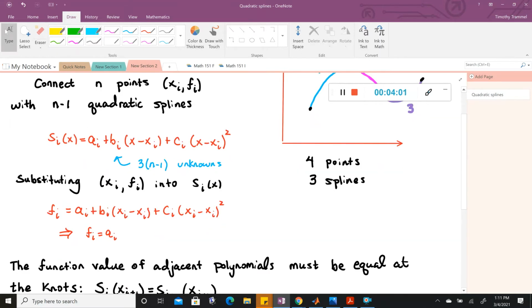But now we know all the a sub i's, so we've reduced the number of unknowns to 2 times n minus 1 unknowns.